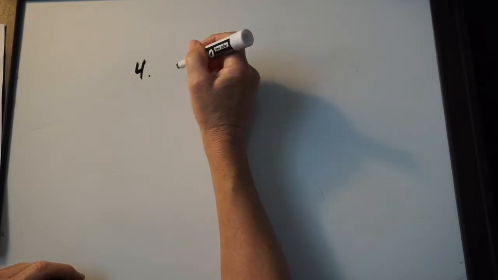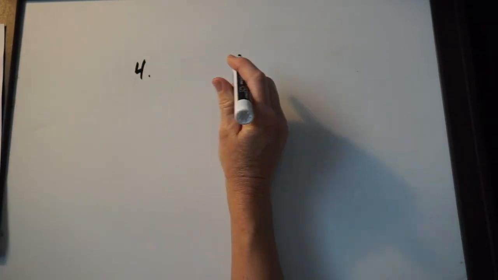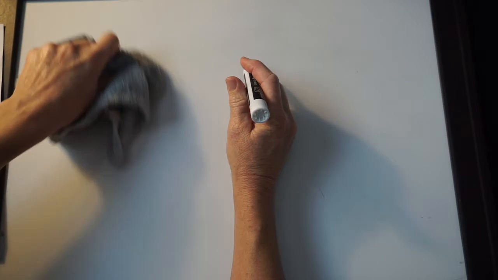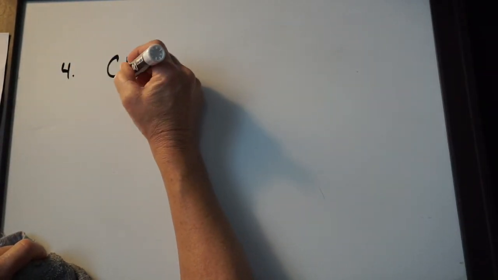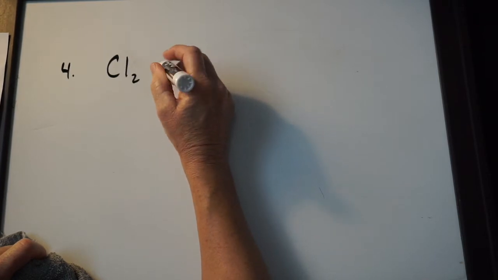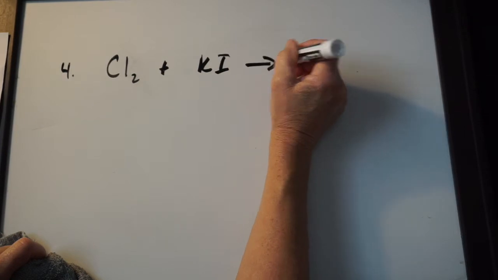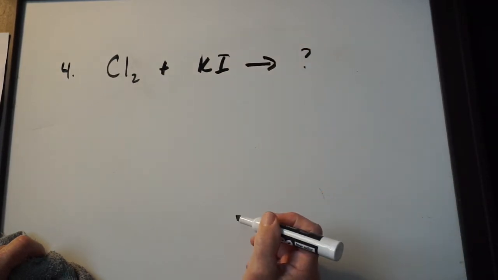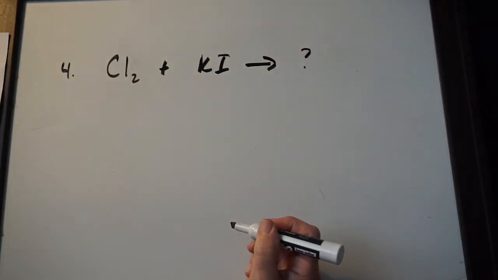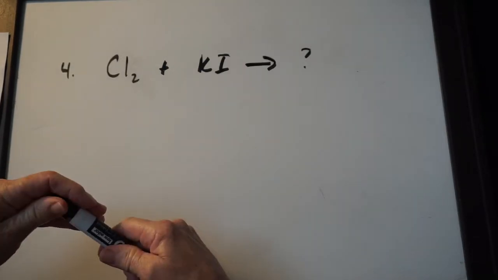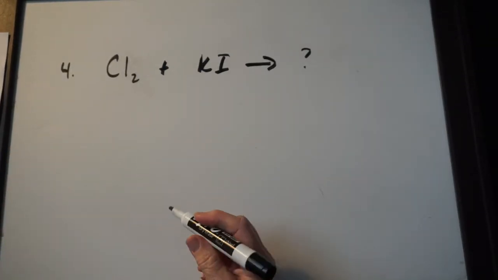says, I should move that over more, is chlorine gas plus potassium iodide, and then we're saying, will this reaction happen? Okay. So this is actually one that deals with a non-metal. So that's the first thing. Okay, what am I dealing with?